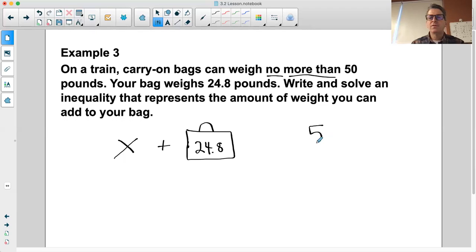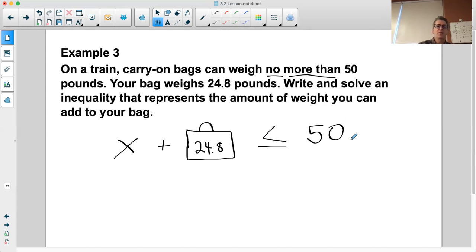Some of you remember this from the first section, which would be our no more than. It could be 50, so we have to include the equal sign, and it's got to be less than or equal to 50.